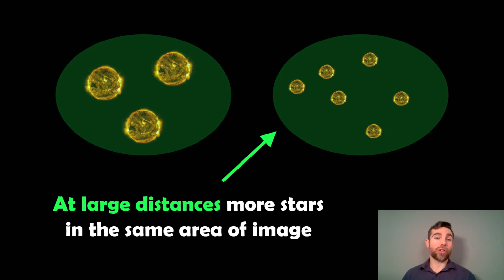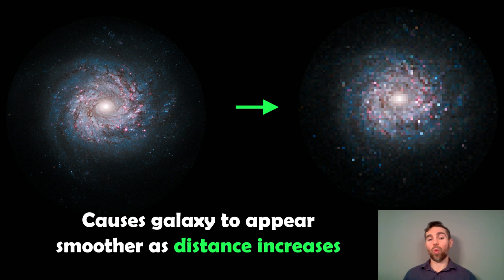Now, at larger distances, let's say we take a galaxy and then move it further away. If we look at the same surface area in an image that we've taken of it, but this galaxy is further away, we're going to end up with more stars in the same area of the image than if it was closer. So what does that actually do?